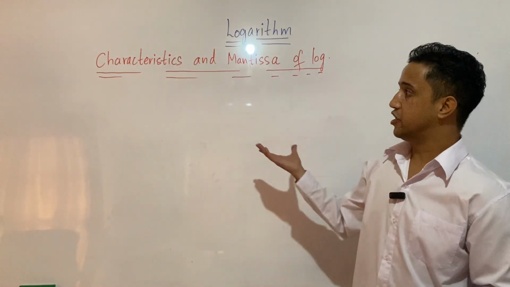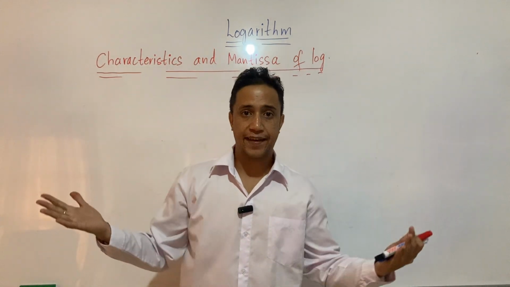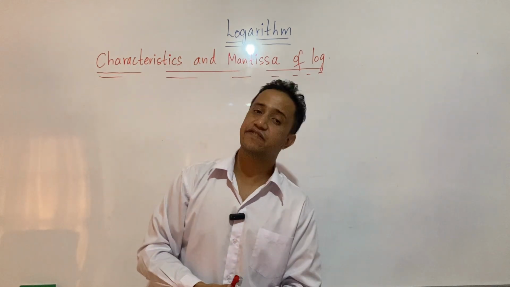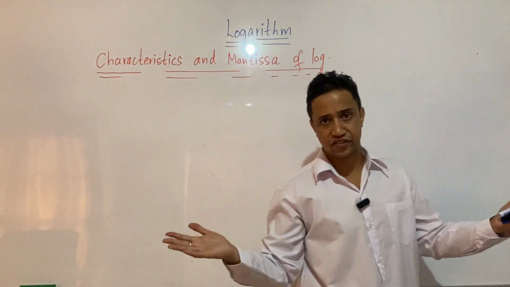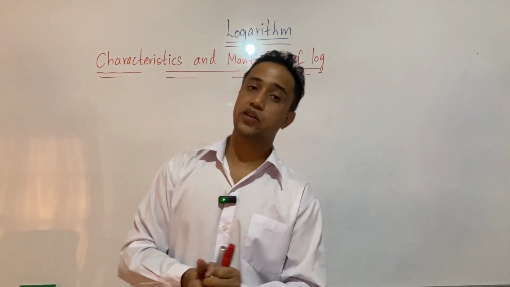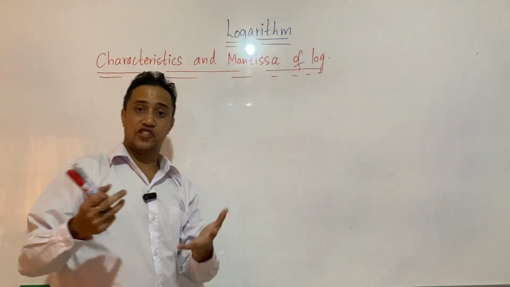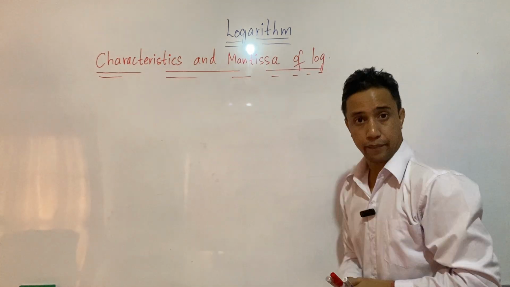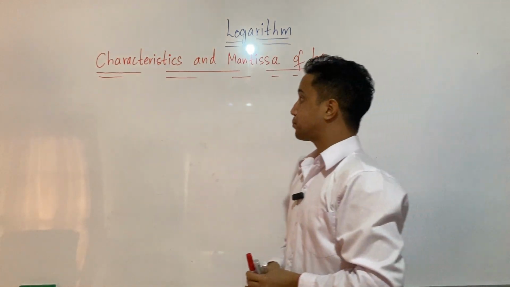It means that you cannot find the logarithm of any negative number. I hope this made sense, because this is the definition of logarithm. So logarithm is only defined for positive numbers, right?